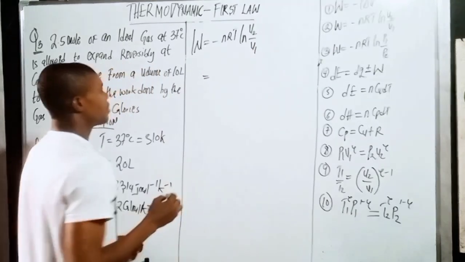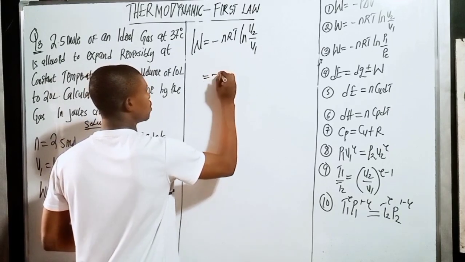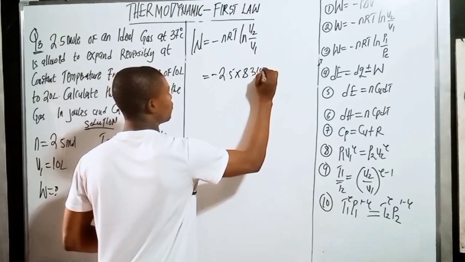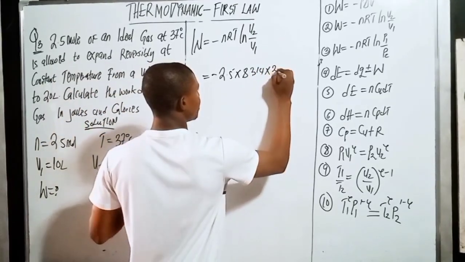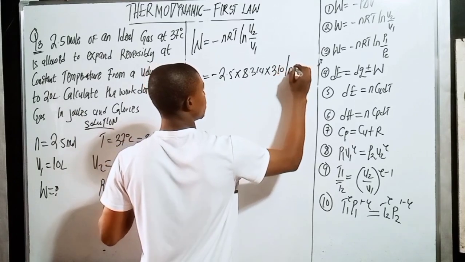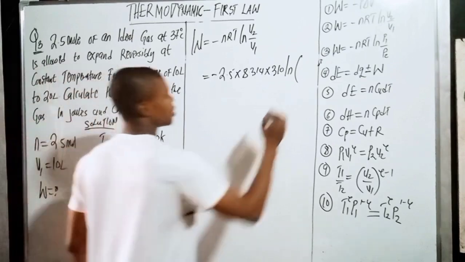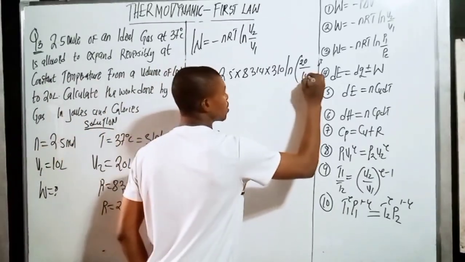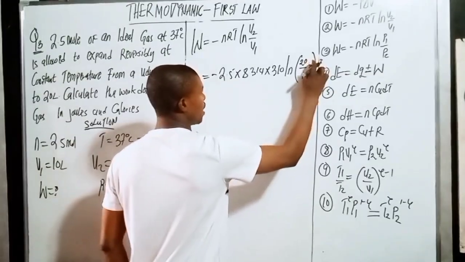Equals, my n is 2.5, so minus 2.5 times 8.314 times 310 ln(V2 is 20 liter over V1 is 10 liter). It's okay. So what happened here? Liter and liter will cancel out, right?